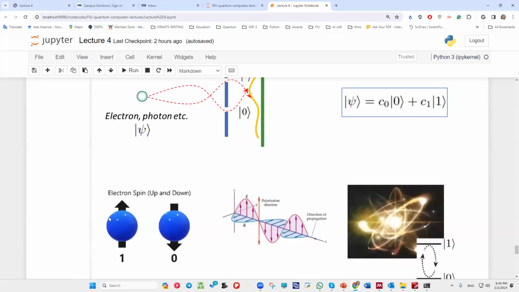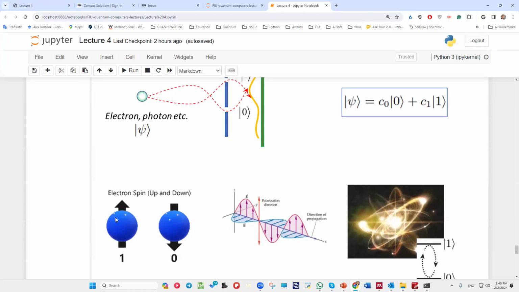Okay, for example, the spin of the electron. We will discuss it in more detail, but you're probably aware that a spin is a system that can get only two directions in a magnetic field.